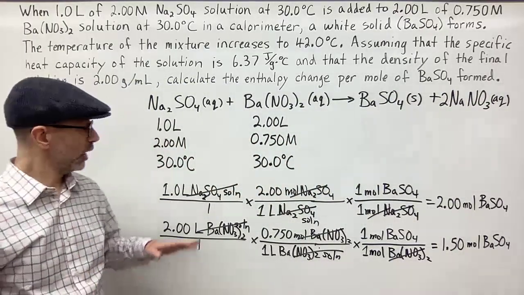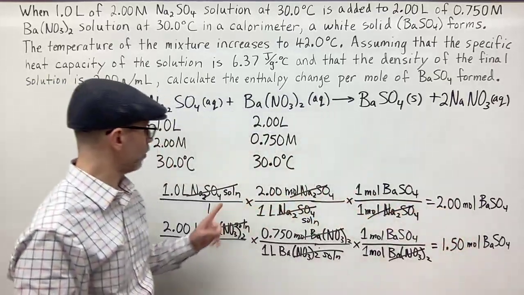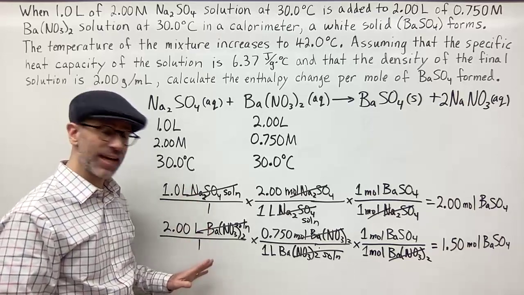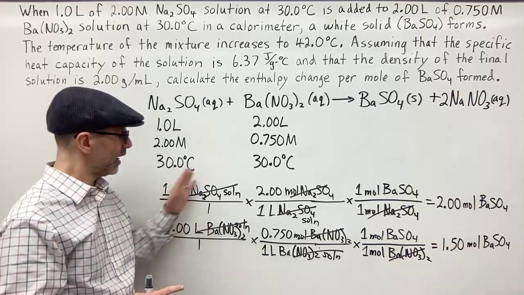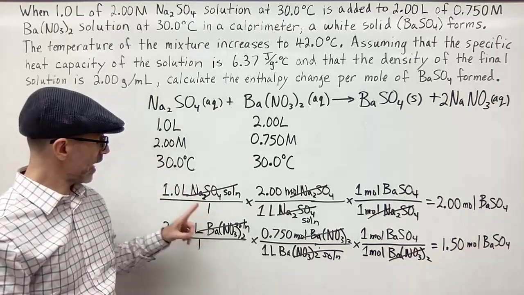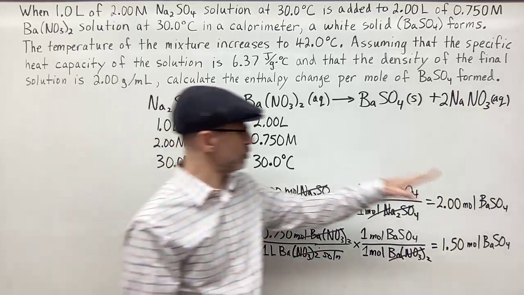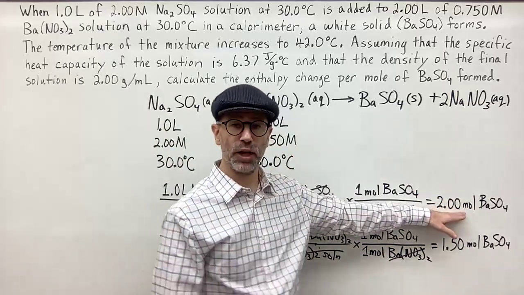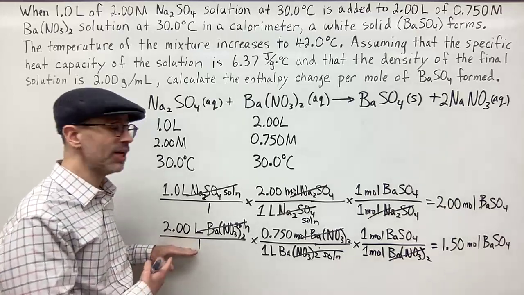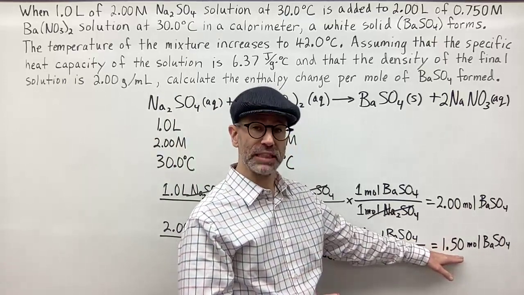Okay, so now that I've calculated the amounts of barium sulfate that would come from each reactant by itself, assuming that it reacts to completion for both, I notice that this amount of the sodium sulfate is going to produce this amount of barium sulfate, but this amount of the barium nitrate that's given to me will only produce a maximum of 1.50.